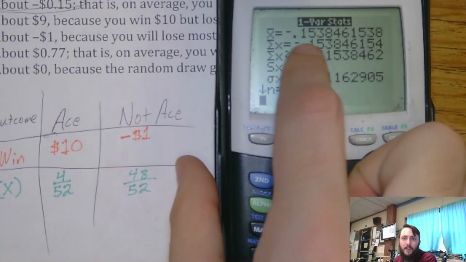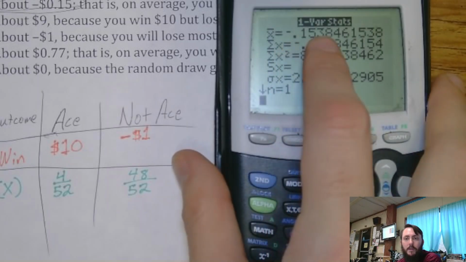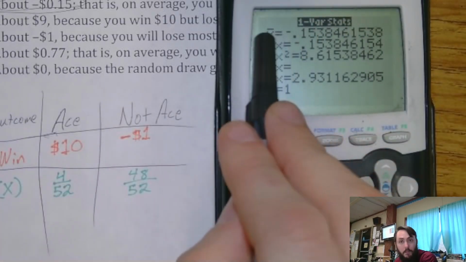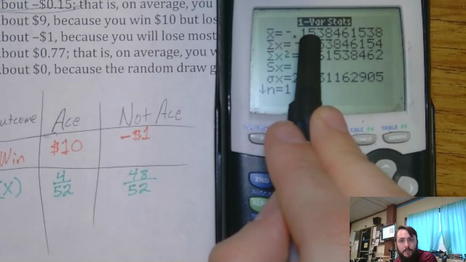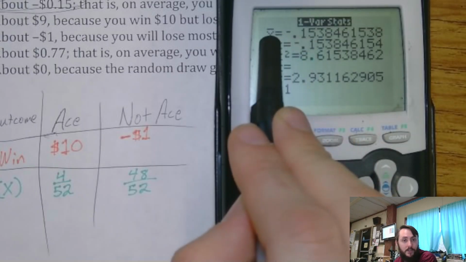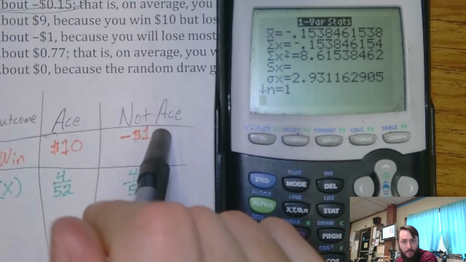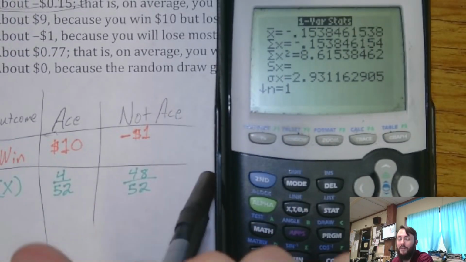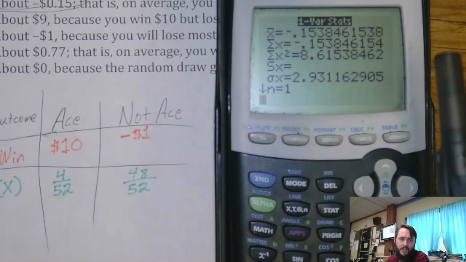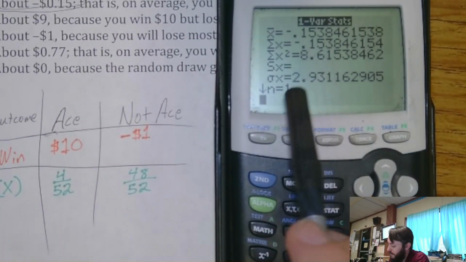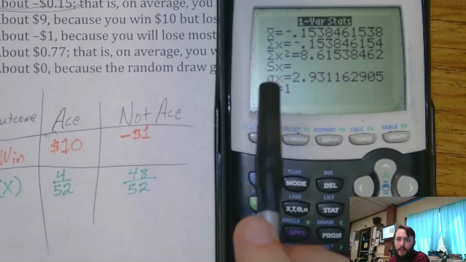And now we see here this exact same number that we got for the mean beforehand. So x bar in the calculator is our mean, even though we wrote mu on our paper, because the calculator is going to use x bar. Standard deviation is this right here, sigma x, lowercase sigma, Greek letter.